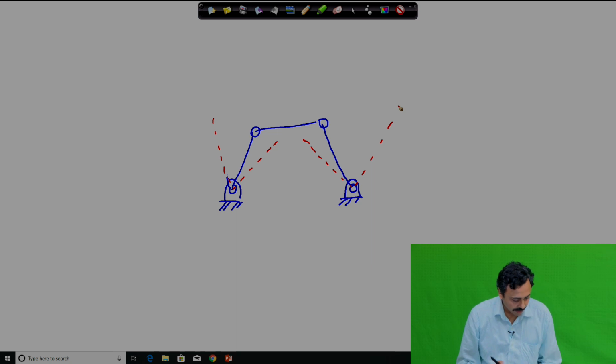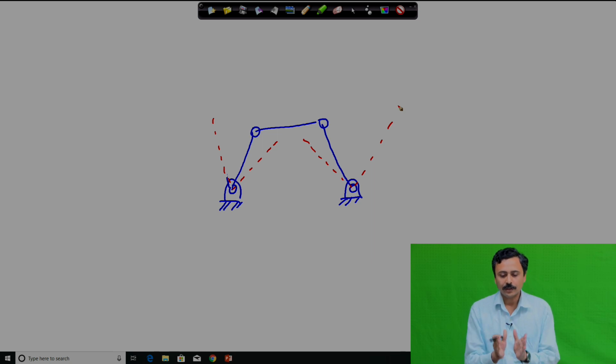Now, the question has suggested 4 possible answers, so you have to choose the correct one. These numbers are the link lengths corresponding to AB, BC, CD and DA, and these dashed lines are the dead center configurations.